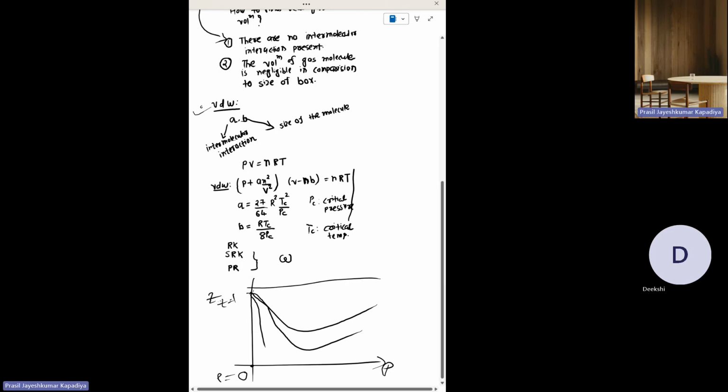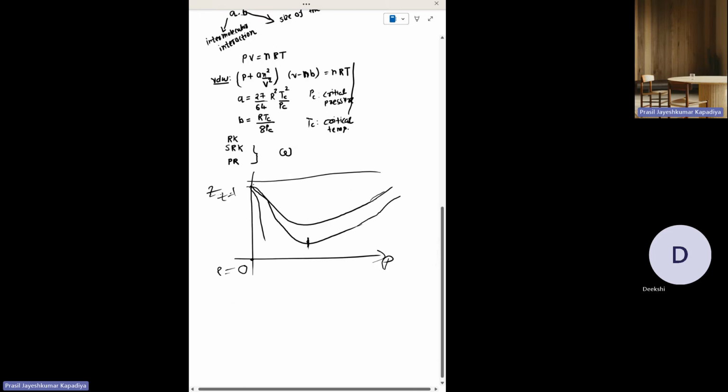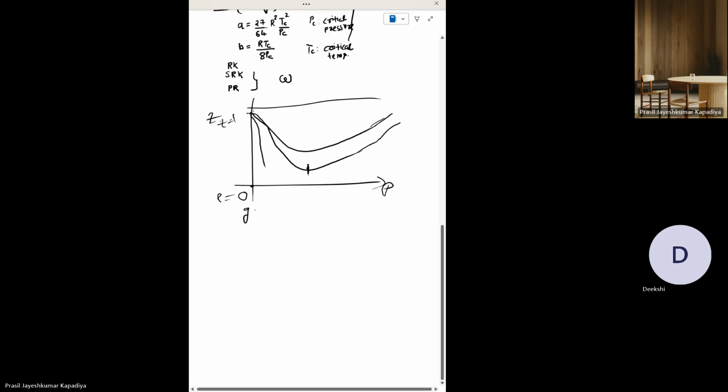As pressure increases, you can see the deviation also increases. But when we further increase pressure after some point, it goes back towards ideality. So we say the gas behaves ideally at low pressure.